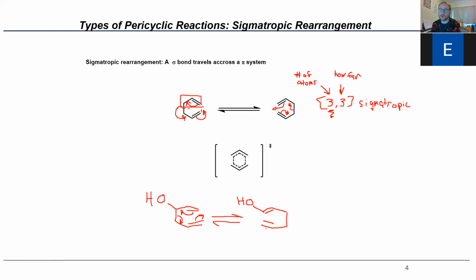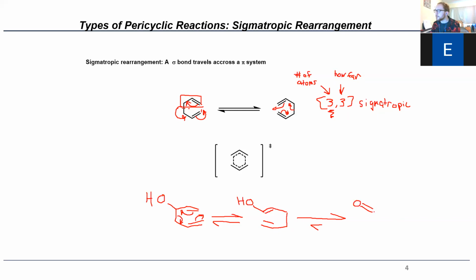Followed by what is not necessarily effectively reversible, but another reversible equilibrium, which is tautomerization, right? Where we formed an enol here, and we know that enols are readily tautomerized to the corresponding aldehyde, right?